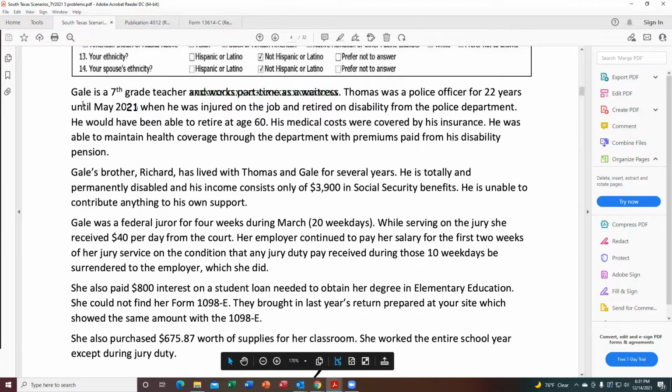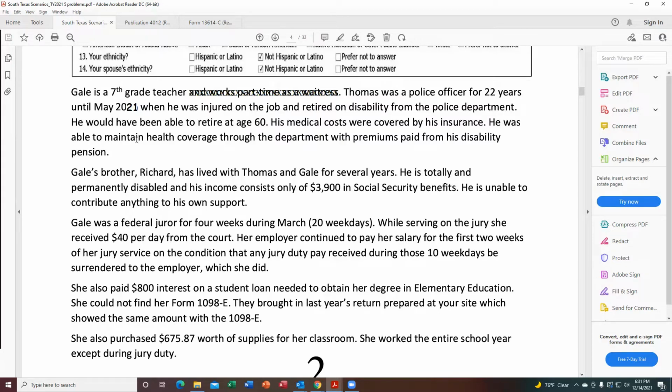It says that Gail is a 7th grade teacher. Thomas was a police officer for 22 years until May of 2021, when he was injured on the job and retired on disability from the police department. He would have been able to retire at age 60. His medical costs were covered by his insurance.